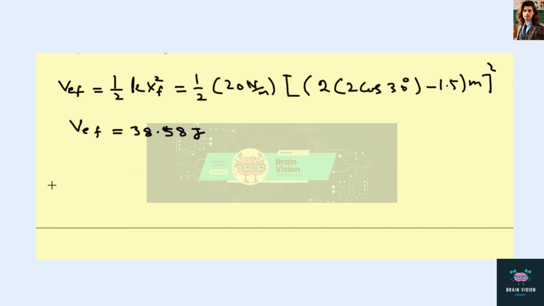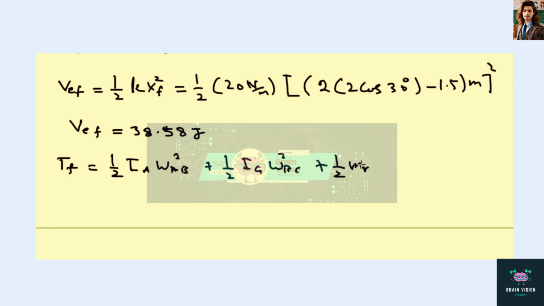Let's calculate the final kinetic energy, which is Tf. Tf is equal to 1 divided by 2 Ia omega AB square plus 1 divided by 2 Ig omega BC square plus 1 divided by 2 m Vg square.